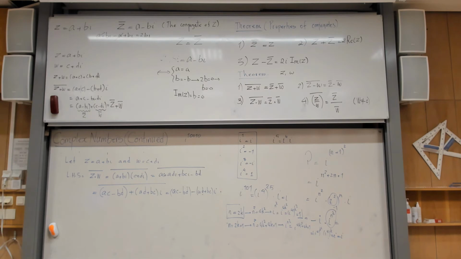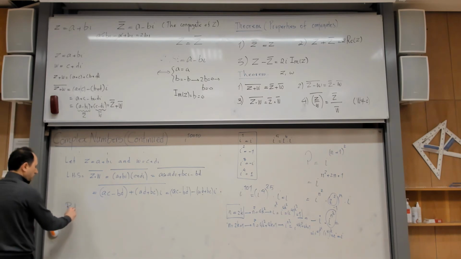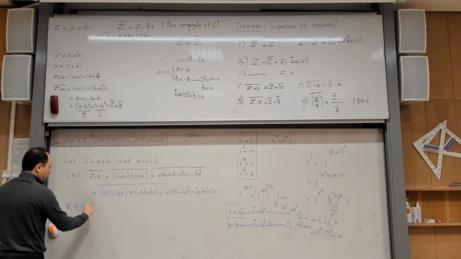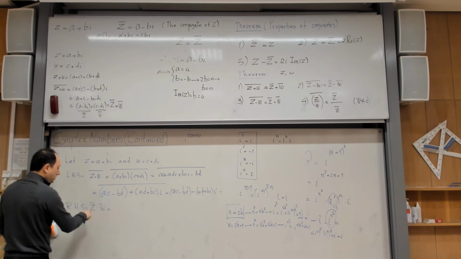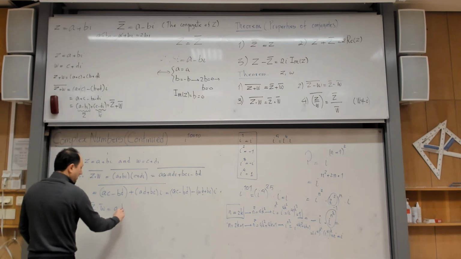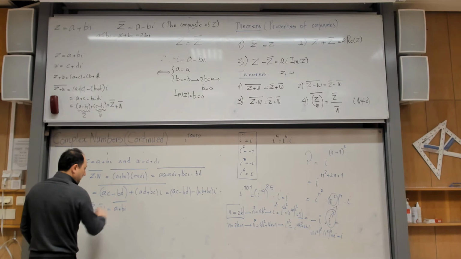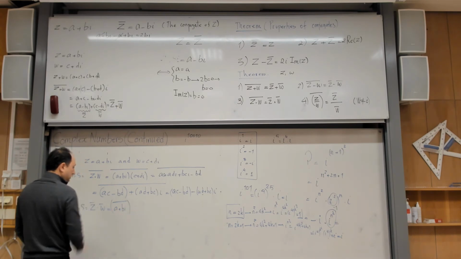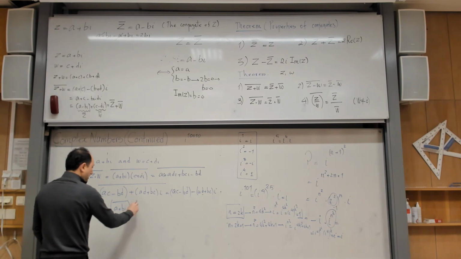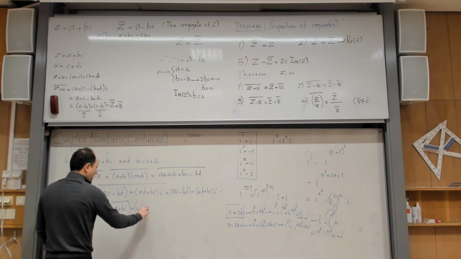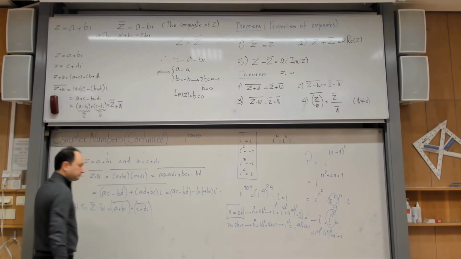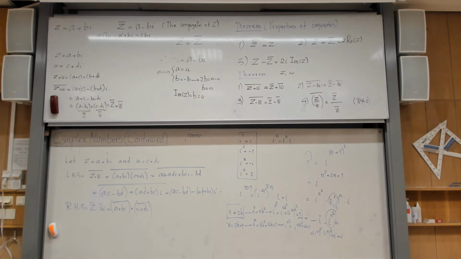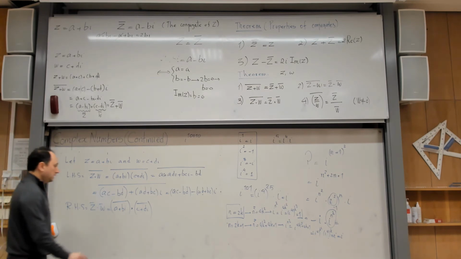This is the answer that I get for the left-hand side. Yes? For the right-hand side, what should I do? Z bar times W bar. But Z bar is A plus BI bar multiplied by C plus DI bar. But A plus BI bar is what?